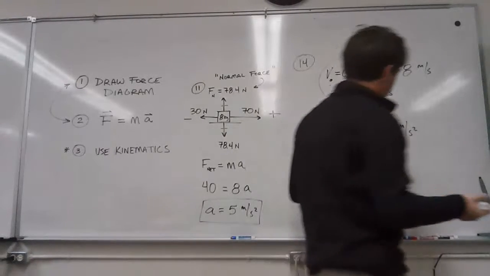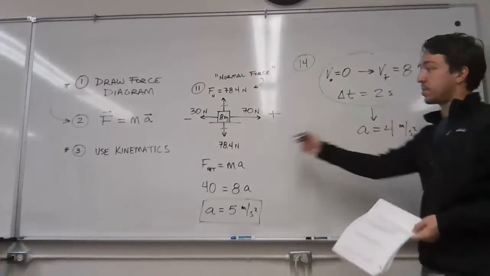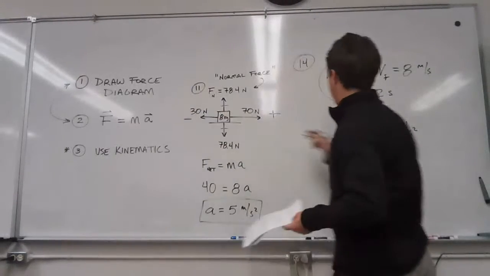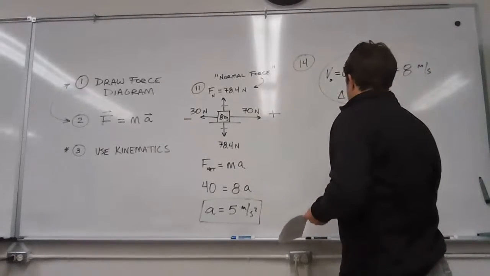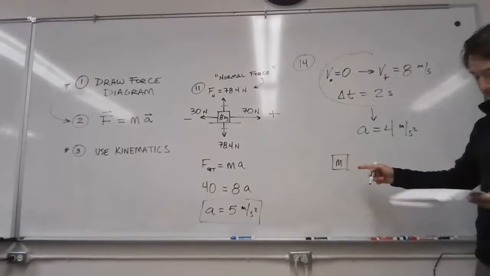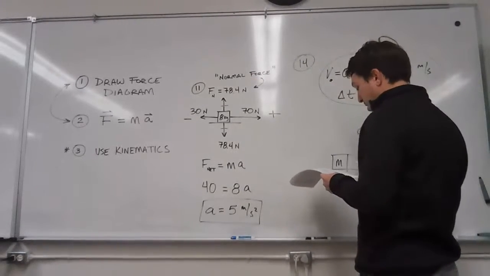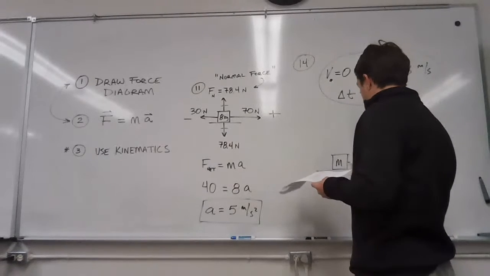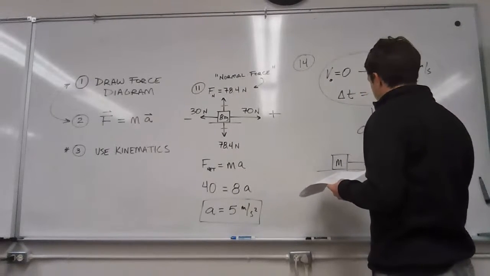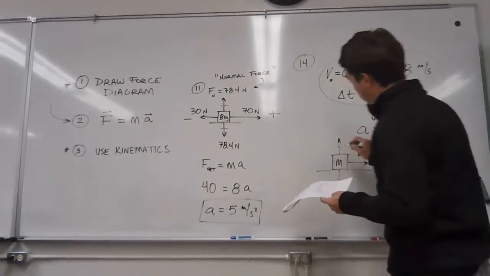And so now that we have this, we use kinematics. So force diagram: I don't know the mass, so I'll put a little m in there. Frictionless surface. He's pushed to the right with 100 newtons of force. Those cancel out.